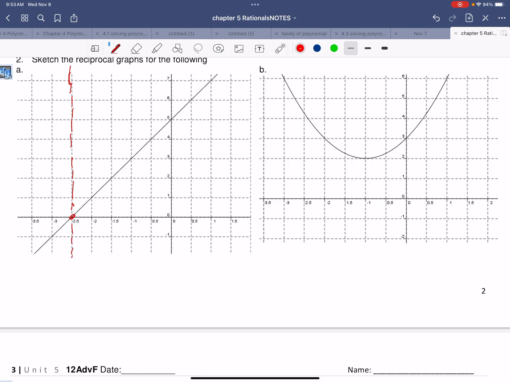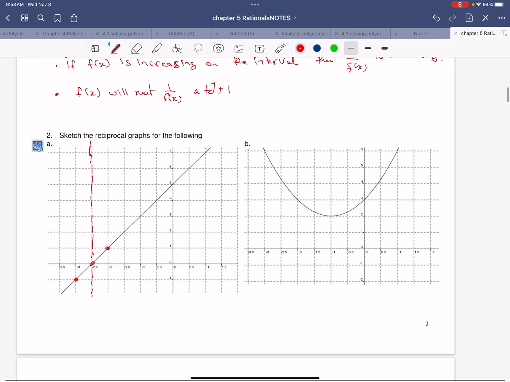And then you're going to locate the points which have a y value of 1 or negative 1. So these y values are going to stay the same.